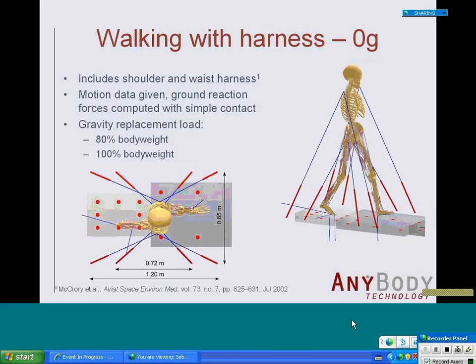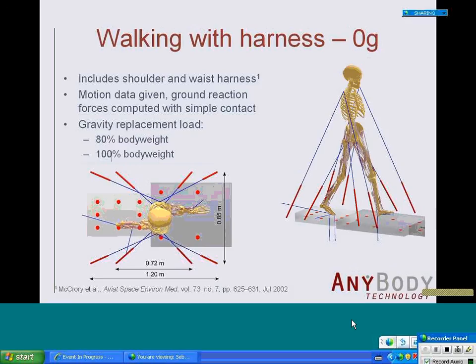So the input to this model is just the weight of the model and the pretension in the springs. And this pretension is calibrated with respect to the body weight. So we have the model standing straight and build up a pretension in the springs, which is 80% body weight and 100% body weight. And these were the two cases we analyzed in this first preliminary study.